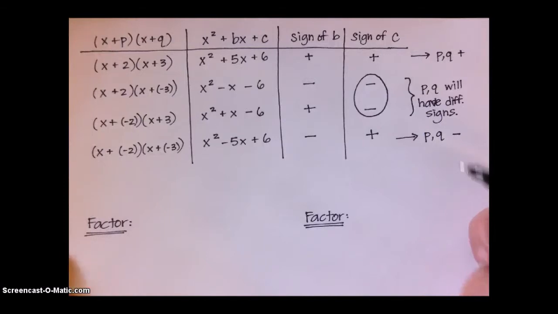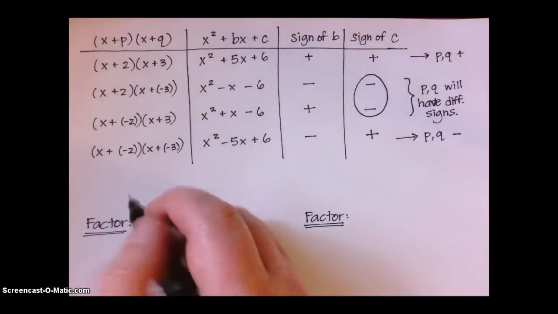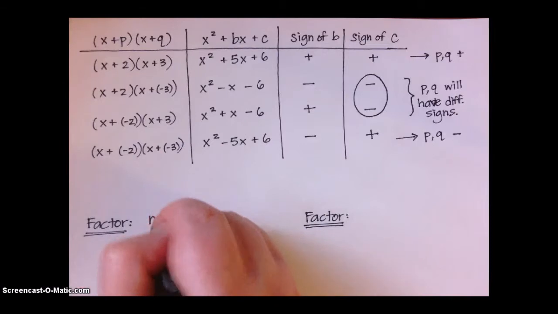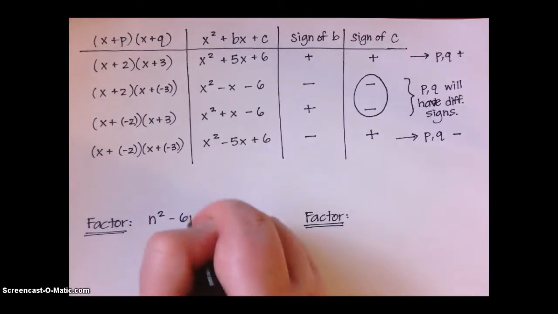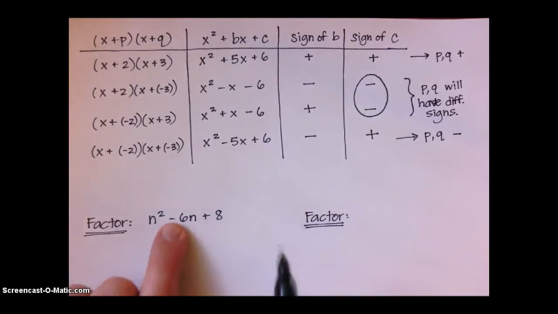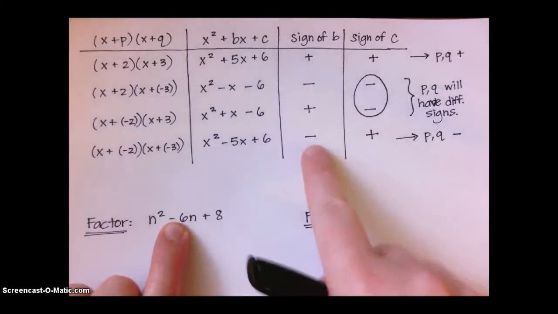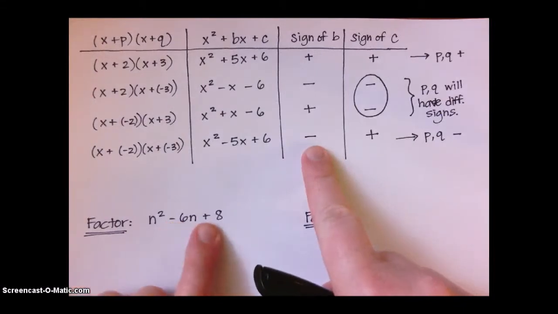So let's use this chart when we're actually solving some problems right now. Okay? So first we're going to factor n squared minus 6n plus 8. So let's look at what type of numbers we have. We have a negative number for our b, so it could be either the second row or the fourth row, but then we have a positive number for c.